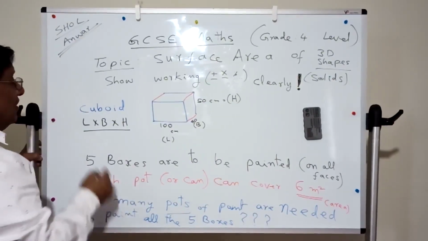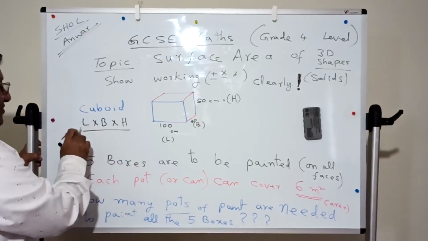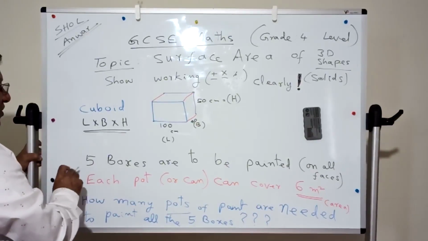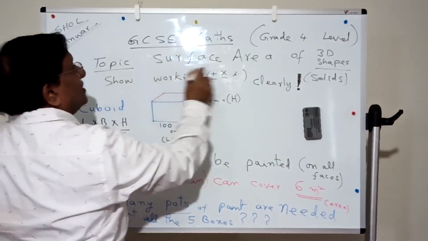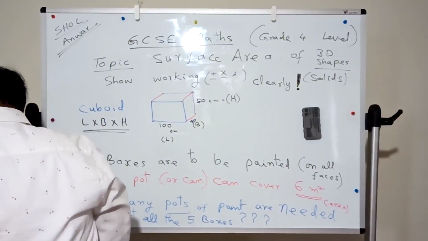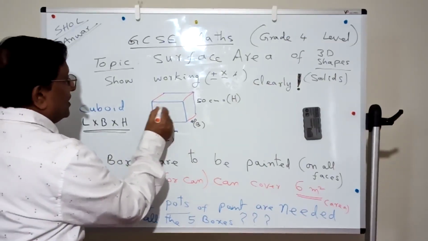This is not a volume problem where you multiply everything. For volume we show the dimensions L, B, H like this, but in surface area there is no question of volume. Areas we have to find out. The front surface is one area.